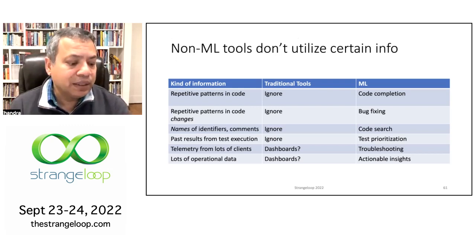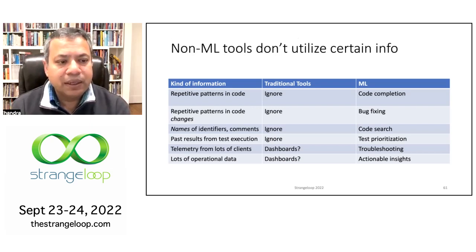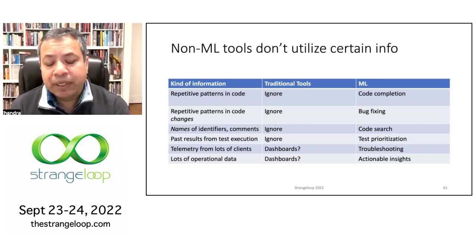Or let's say you look at your version history and you see that a lot of times this same kind of small code change was made in commits. With ML, perhaps you can use the knowledge of those repetitive patterns for predicting bug fixes.